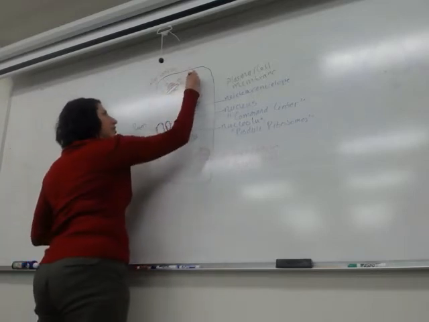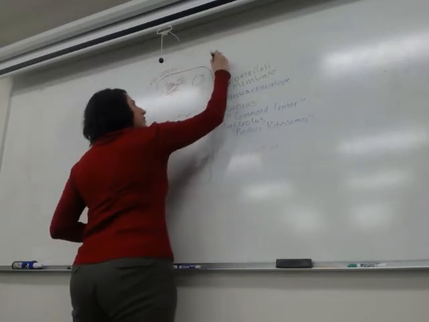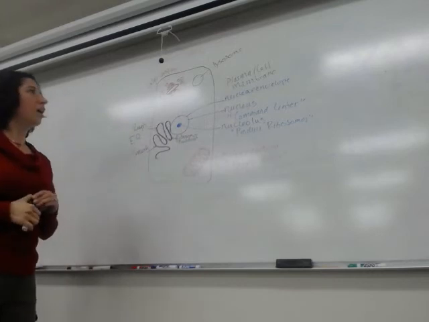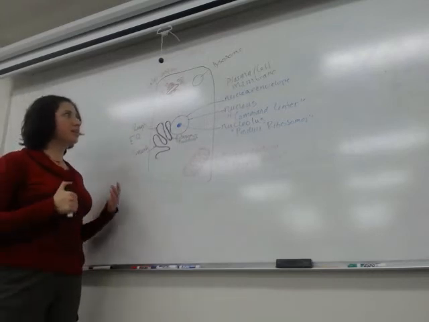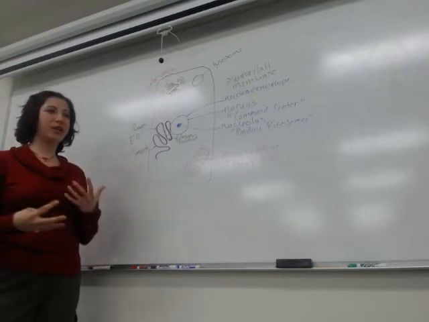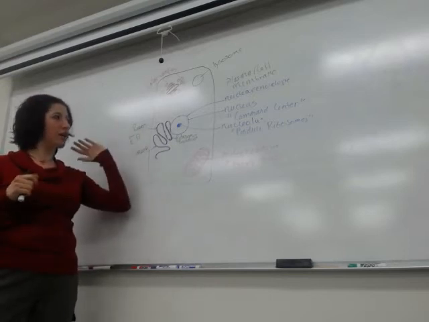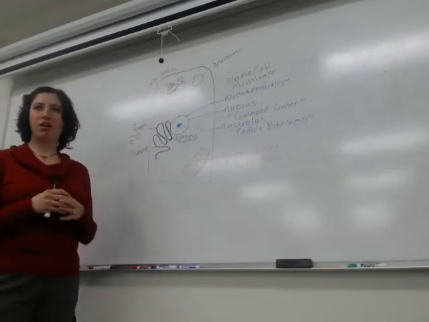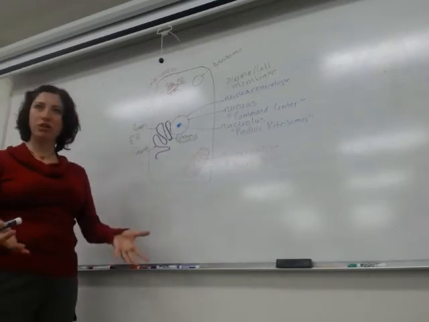Let's see here. Our lysosomes, these I think of as our sanitation crew. They go around and they break down particles or decaying organelles. In the liver, they help break down our complex carbohydrates into glucose.